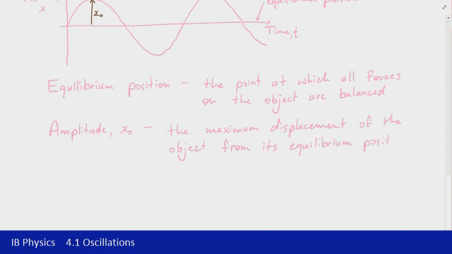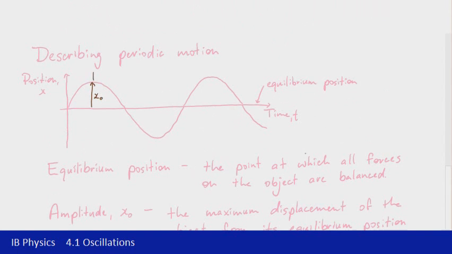The next quantity then is the period. If we look at the period, we're really dealing with any two points on this graph that are in phase, or doing the same thing. So these two points right at the top of the sine wave, we could have chosen, say, this point here and gone across to this point here, because they're both on that downward slope of the graph.